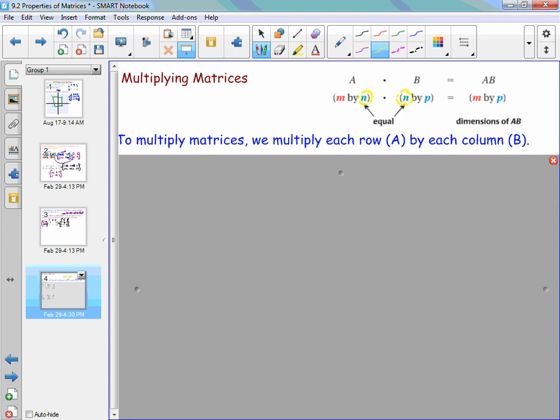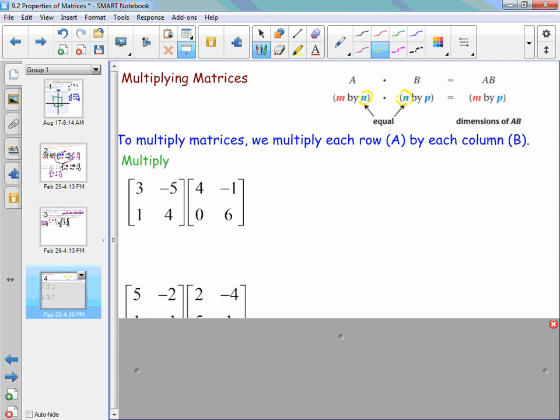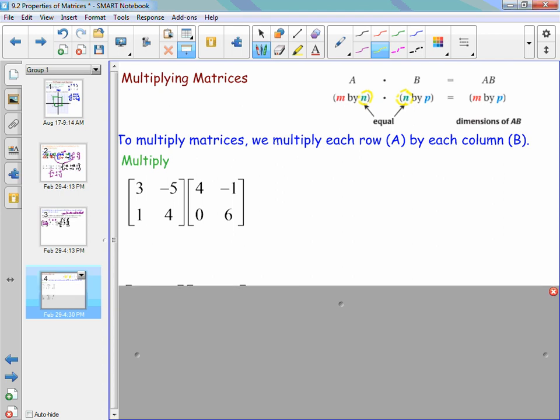I will have you multiply 2 by 2 matrices by another 2 by 2, simply because with rotations and stuff coming ahead, that's what we'll be working with. So to multiply matrices, we multiply each row in A by each column in B. And I'll show you an example here.